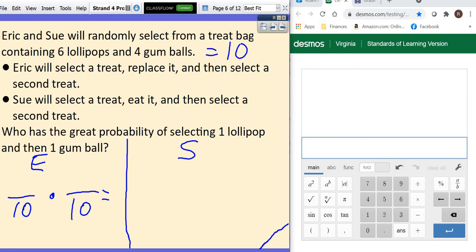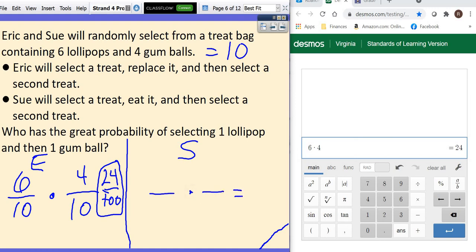If we're going for a lollipop first, that's 6 out of 10 chances, and then a gumball, which is 4 out of 10 chances. So we're going to come over here and do the math for that one. 6 times 4 is 24, and 10 times 10 is 100, so I'm going to do 24 over 100. That's his probability. I'm not going to simplify it this time.